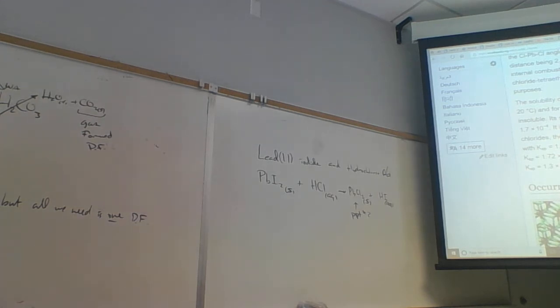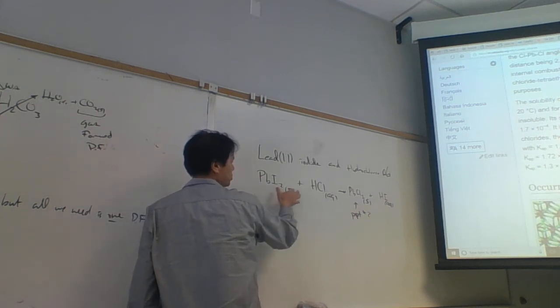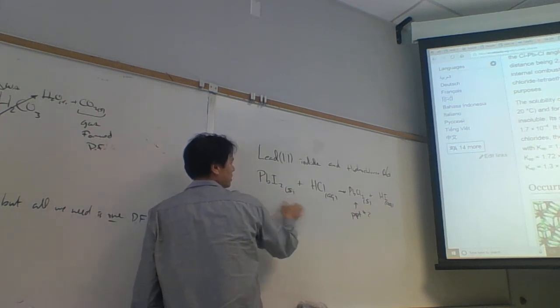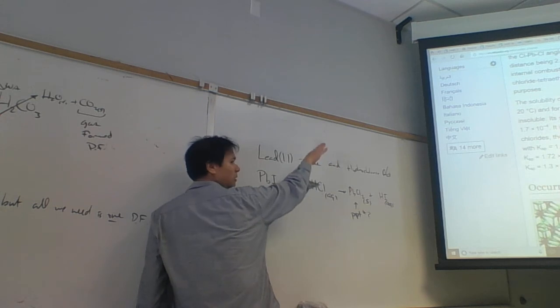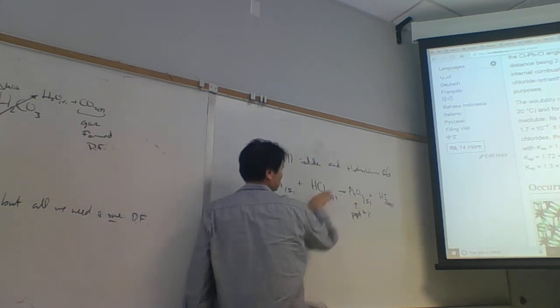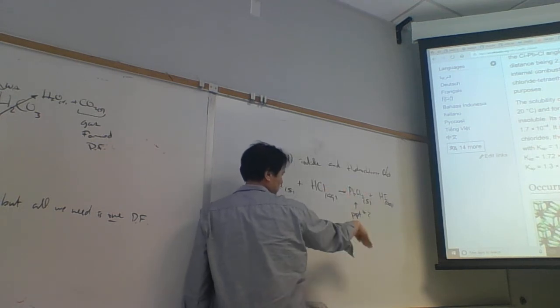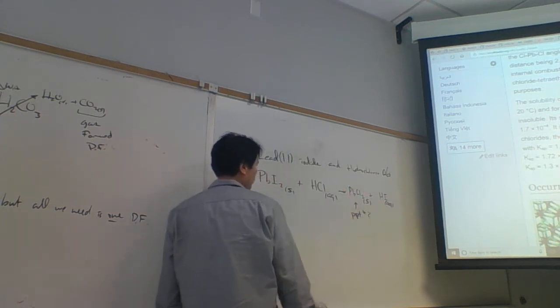Stronger. So if this is stronger, that means it's more stable. If it's more stable, it means it's lower in energy. So it looks like it's going uphill. This is more stable, this is less stable. We want to go downhill. That would be a driving force.